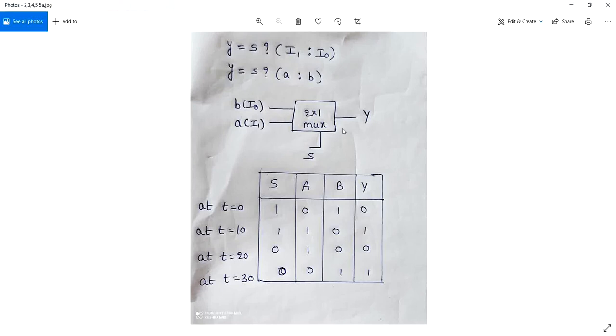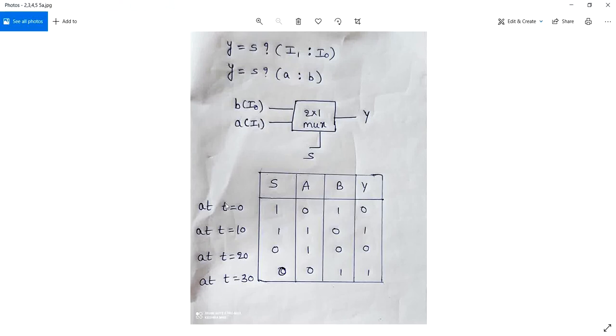Like that we have the 2x1 mux. This is the general Verilog code for a 2x1 multiplexer. It is the code given in the assignment question, that is Y is equal to S conditional with A and B. Here I1 means A, I0 means B. So let us take I0 as B, I1 as A.